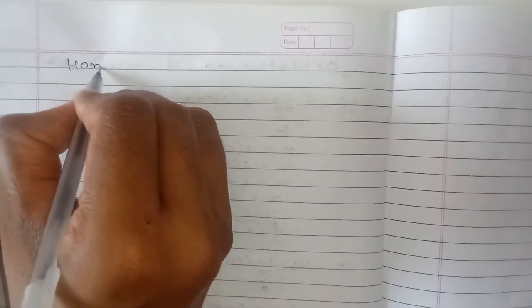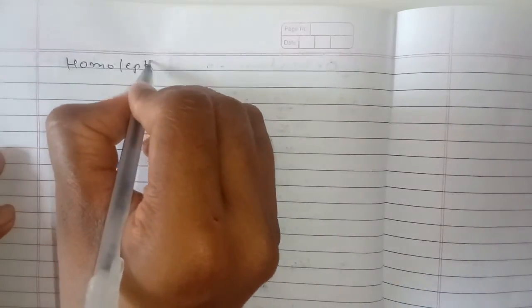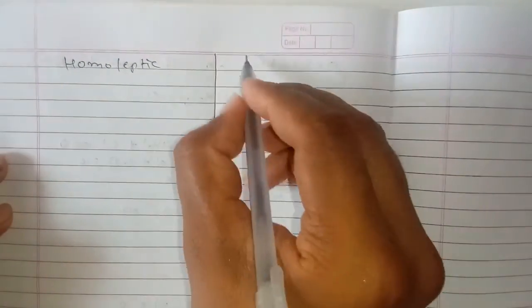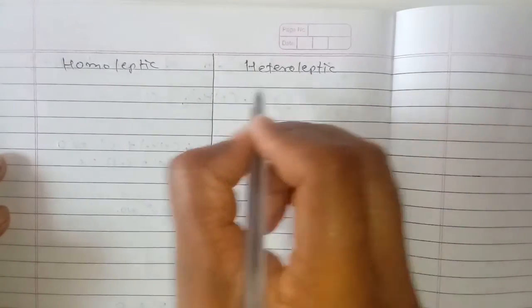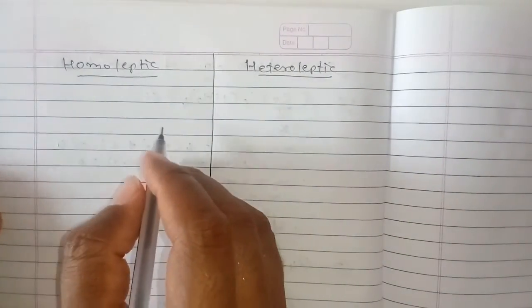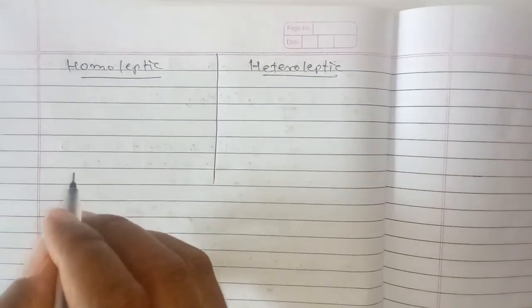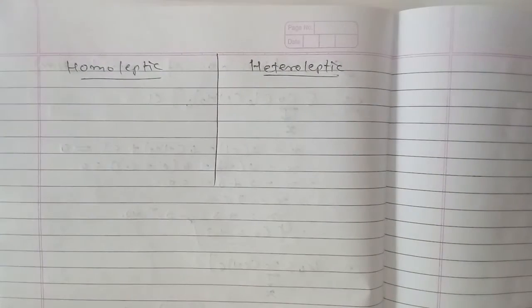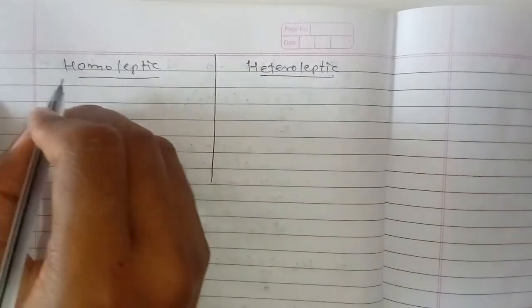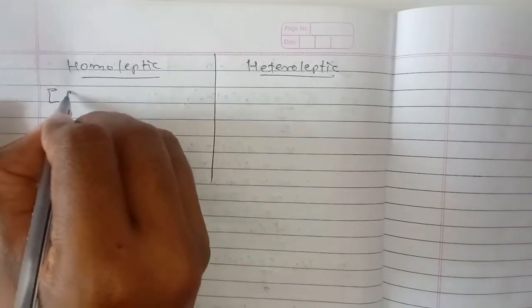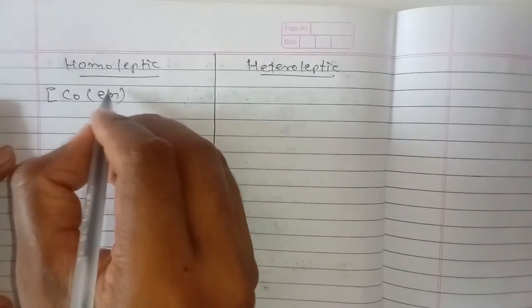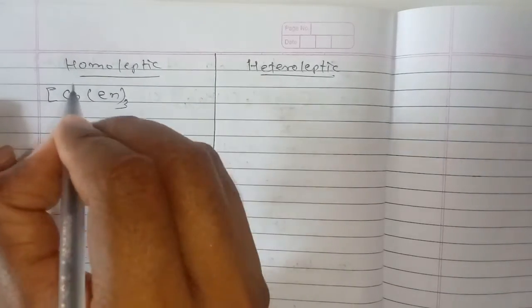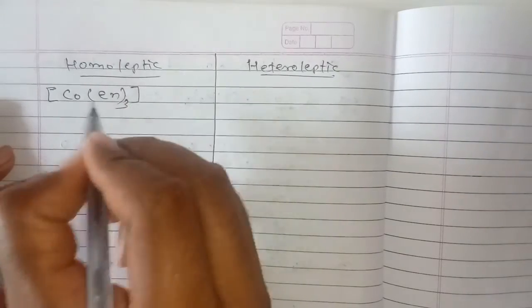For homoleptic complex and heteroleptic complex, the another example is [Co(en)3]Cl3, en is ethylene diamine thrice.